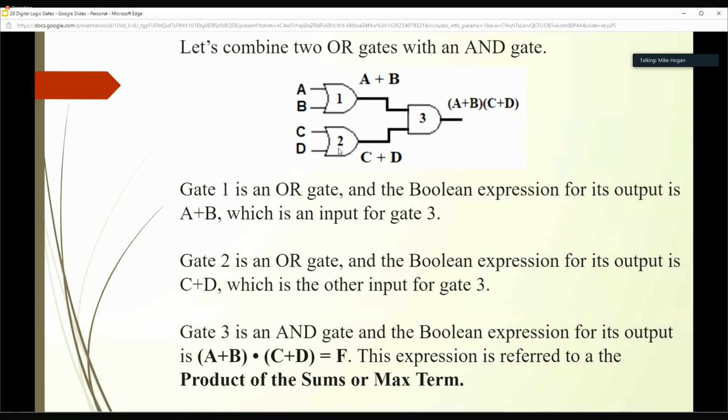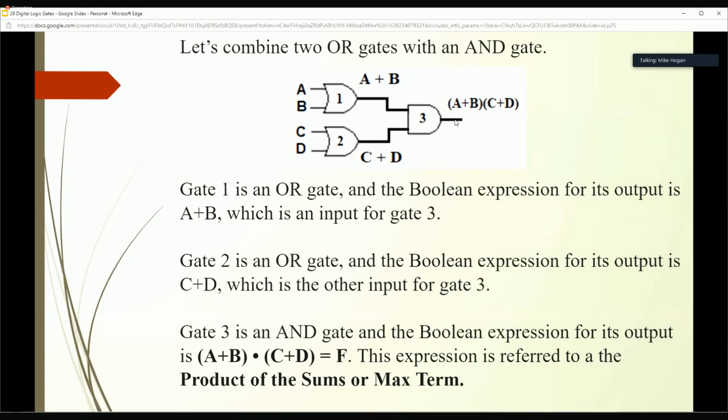Basically what that says is, in order to get high out of this, I've got to have at least one of these inputs high and at least one of these inputs high. Either one of A and B being high will give me a 1, and a 1 from the other gate, and together I'd get a 1 out.